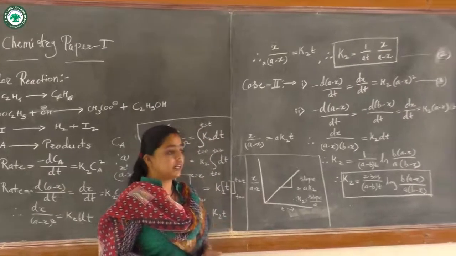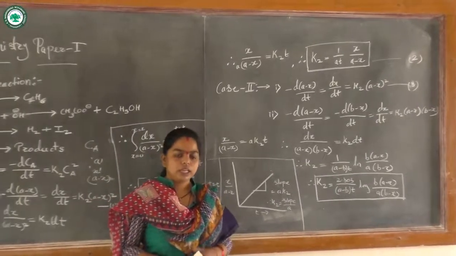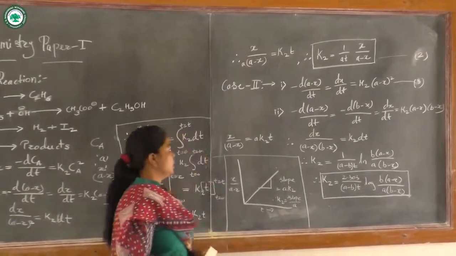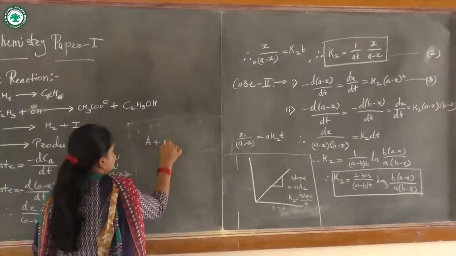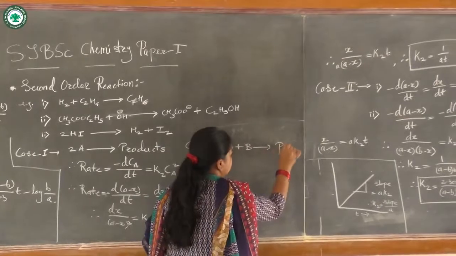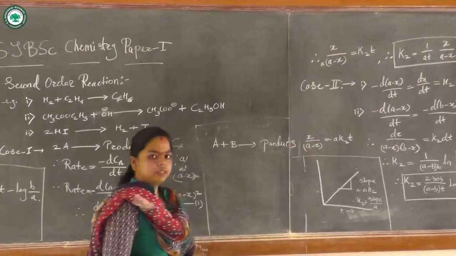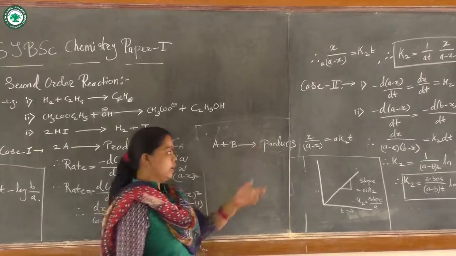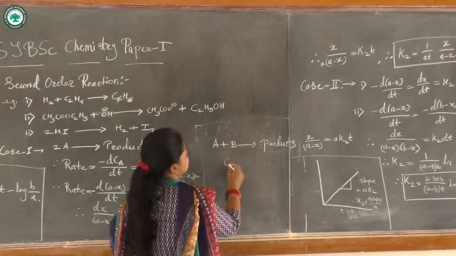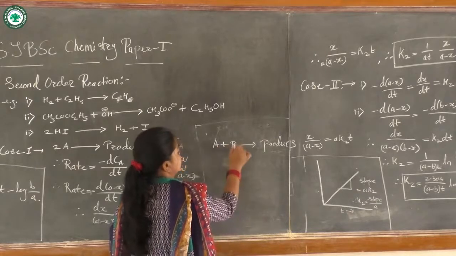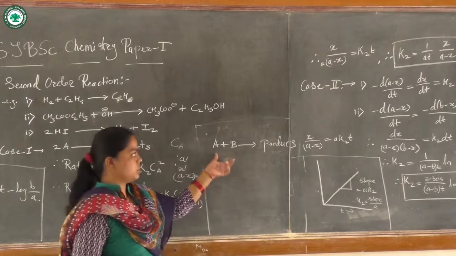In the case second, two reactants are involved. We can write the reaction: A plus B gives the product. And for this, we consider two reactants having similar initial concentration.